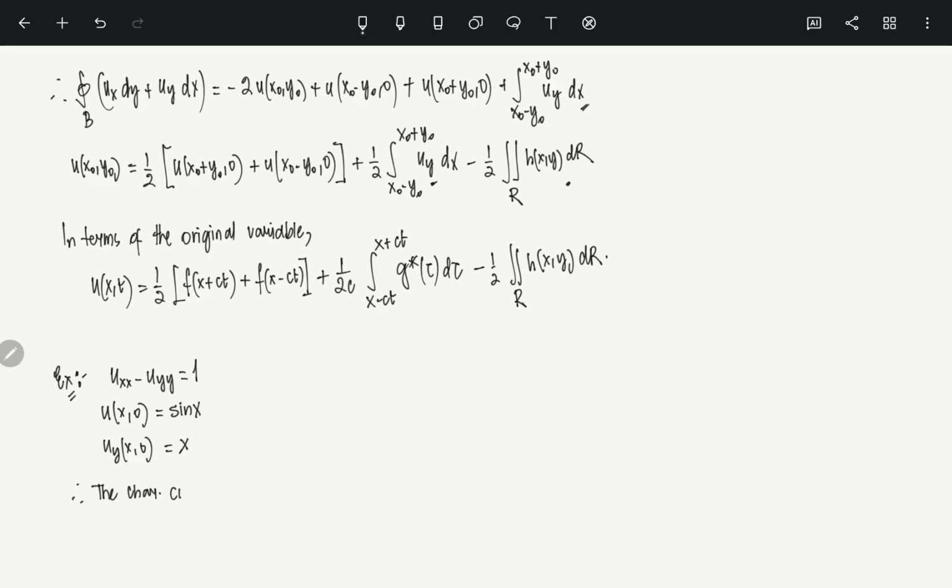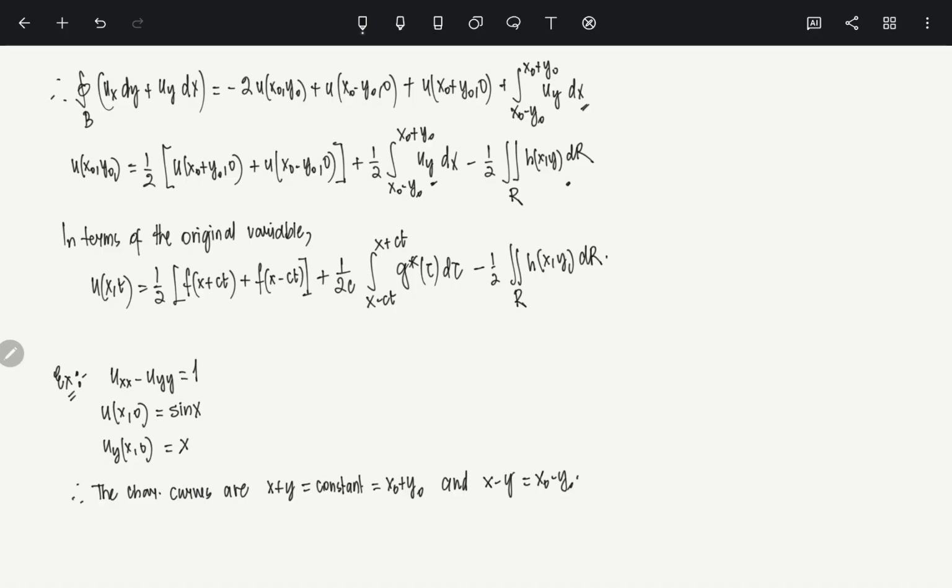So the characteristic curves are x plus y equals constant, and it passes through x naught y naught. We want to find the value at the point x naught y naught, so it is essentially x naught plus y naught. And we also have x minus y equals constant, and that passes through x naught y naught, so that will be x naught minus y naught.